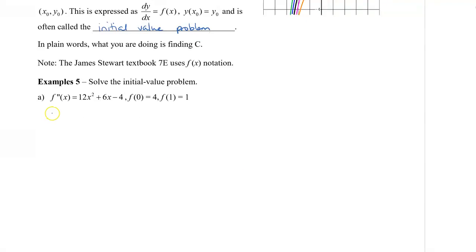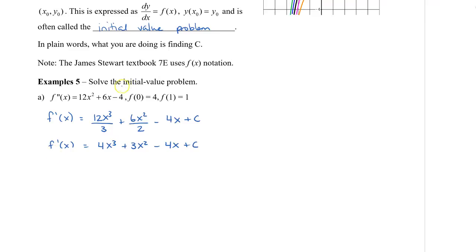So I'm going to find the first derivative, and that's going to give me 12x cubed over 3 plus 6x squared over 2 minus 4x, and then plus c. To simplify, I will have 4x cubed plus 3x squared minus 4x plus c.